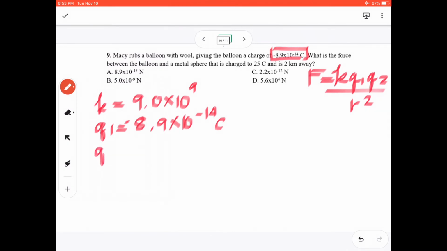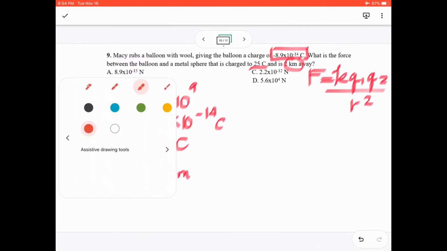And then Q2, as you can see over here, is 25 coulombs. How do I know that that is a charge? It's because of the C, the Coulomb unit. And 2 kilometers over here is our R. It's in kilometers, therefore you have to change it to meters. So 2 kilometers multiplied to 1,000, then we are left with 2,000 meters.